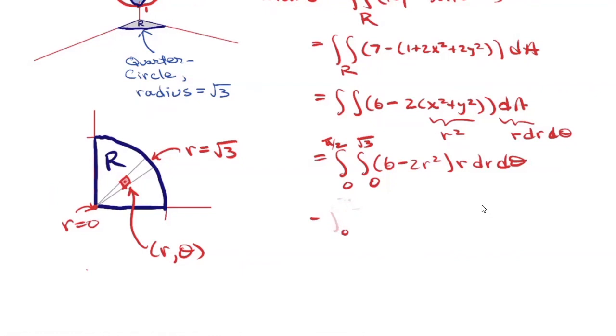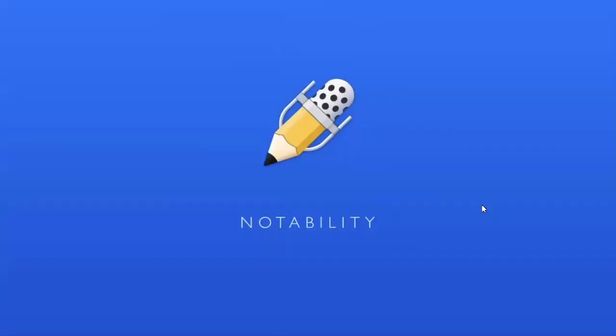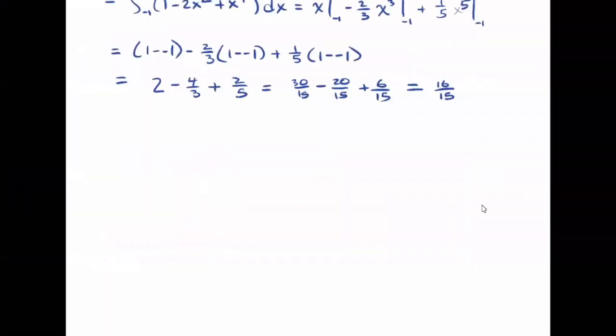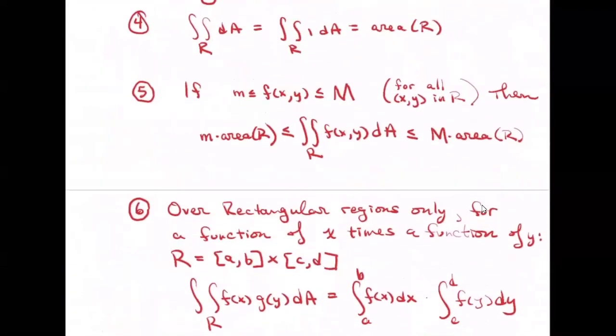I want to remind you of a trick from the last lesson, and maybe I'll even copy this over. So hold the phone right there. I'm going to jump over to the last lesson that we were doing, which is 15.2, and remind you of a list of rules that we had talked about.